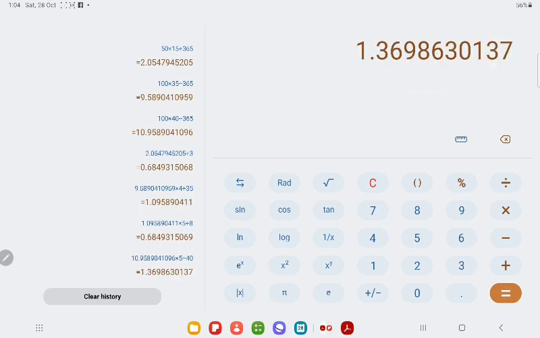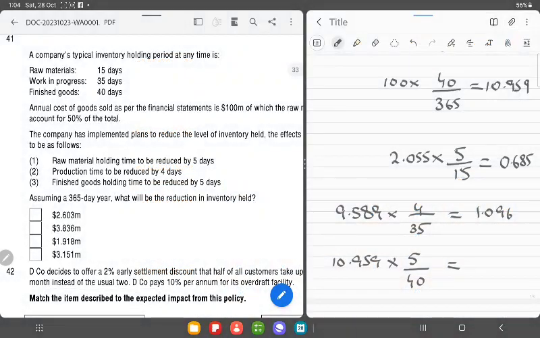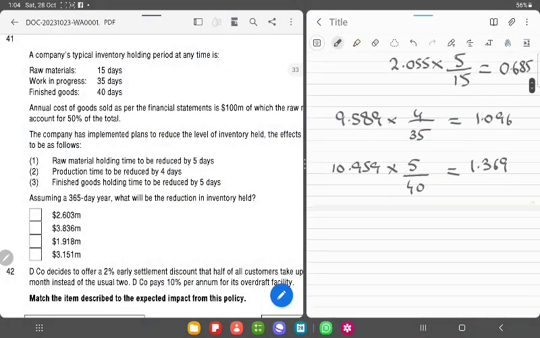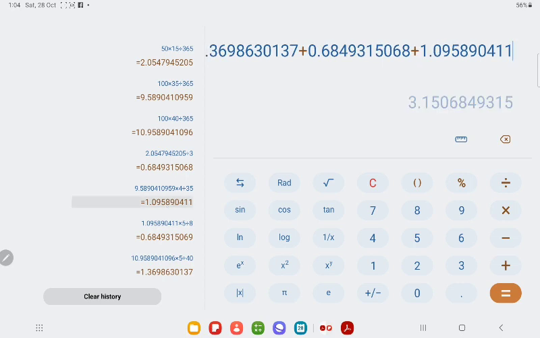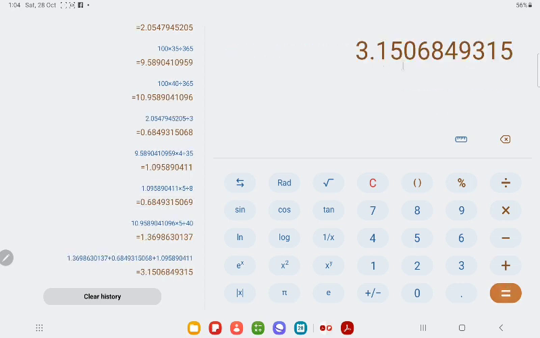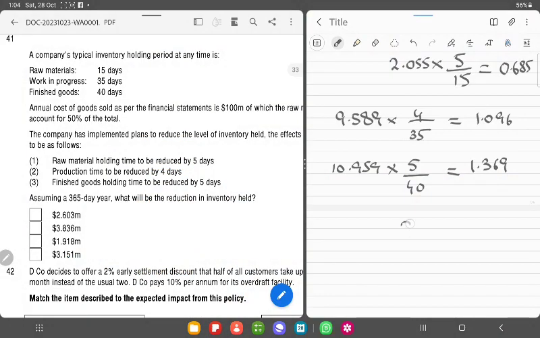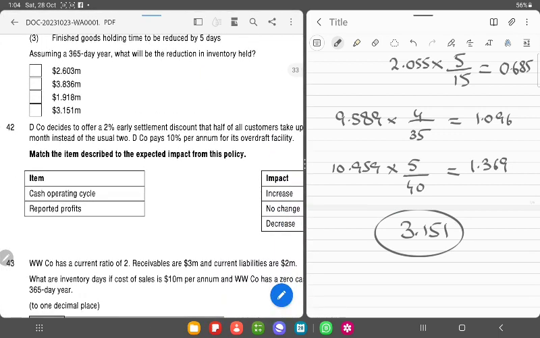So it is in fact 1.369. After adding all these three, 0.685 plus 1.096 plus 1.369, the answer is 3.150 or 3.151. So this is your fourth option.